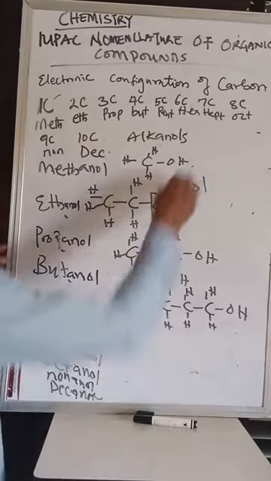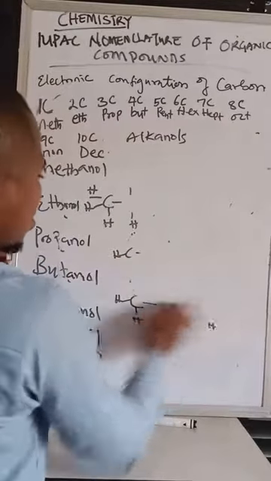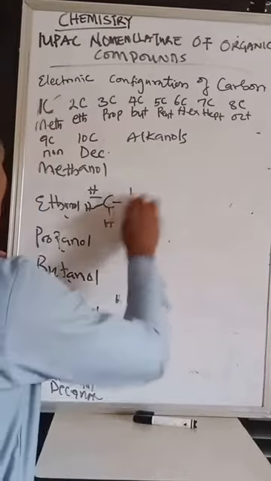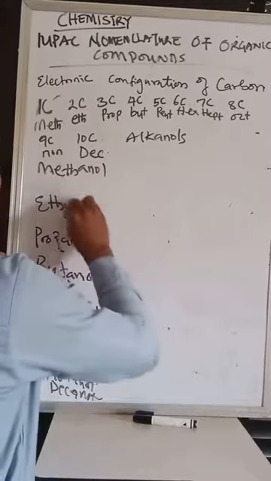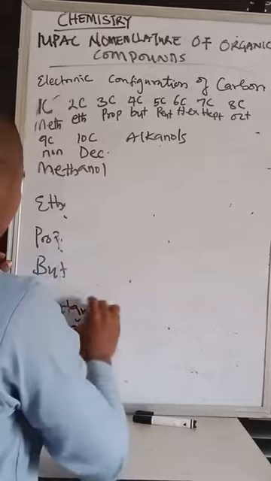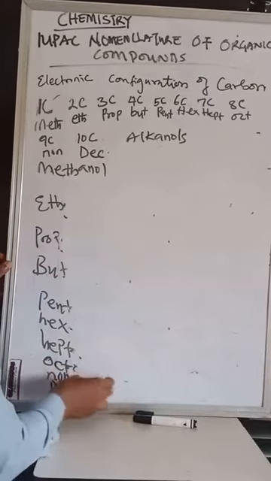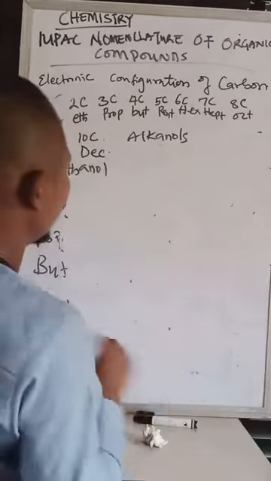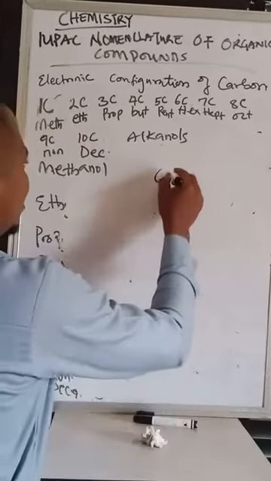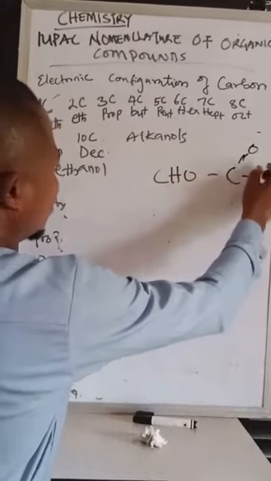Now, your alkanals. How do you name alkanals? Let's look at how we name alkanals. In naming alkanals, the difference simply is the presence of the CHO, that is C double bonded to O, and the hydrogen.